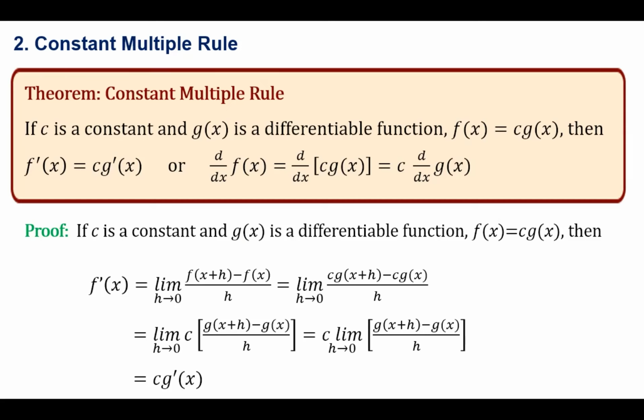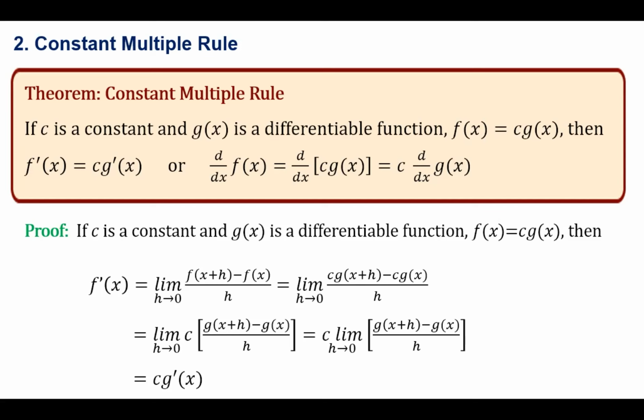So that's the limit of c times the ratio between the difference of g(x plus h) minus g(x) over h. And the limit of c times something, c is a constant, then c can be put in front. This is according to the limit property, right? So that becomes c times the limit of g(x plus h) minus g(x) over h when h approaches 0.